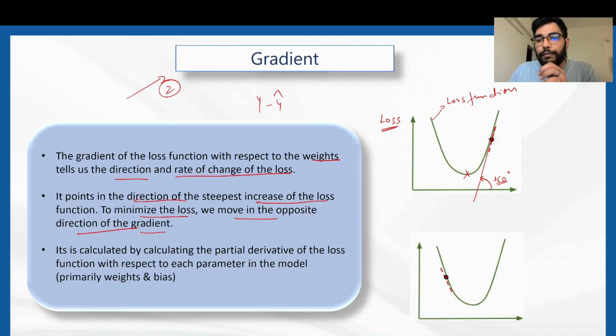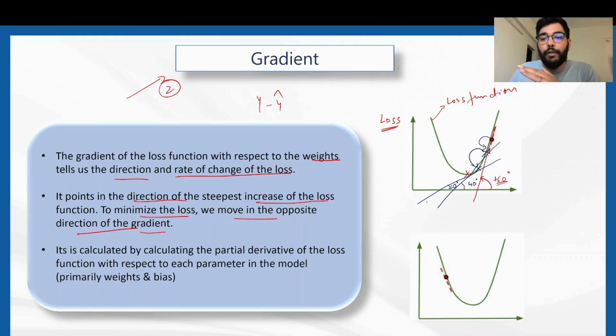That is, we move from this point to this point and we plot the slope again. At this point, let's say the slope has reduced from 60 to 40. Again, we move to the next point and plot the slope. From there, we see that the slope reduced to 20.